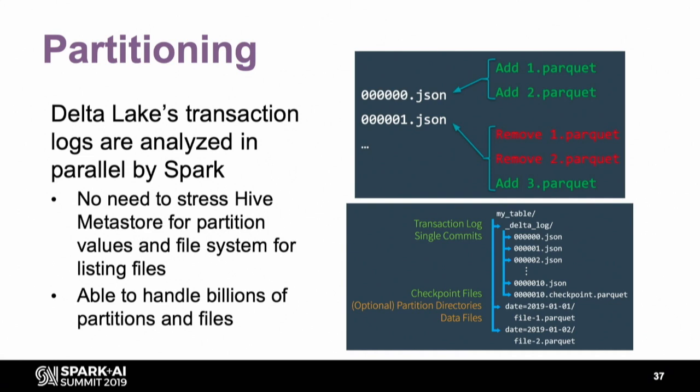Everything is in the log, so there is no need to access the Hive metastore for getting the partition values, and no need to stress the file system for listing the files. With such an architecture, Delta Lake is able to handle billions of partitions and files.